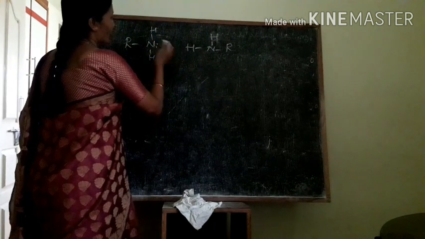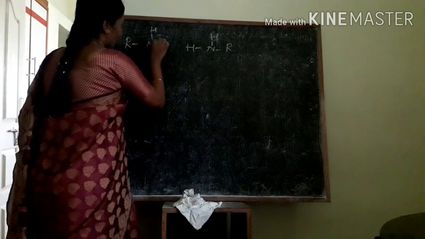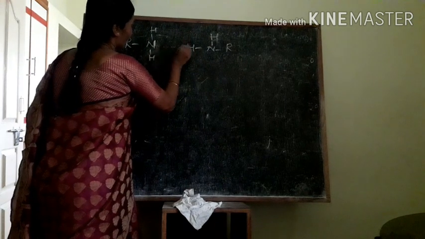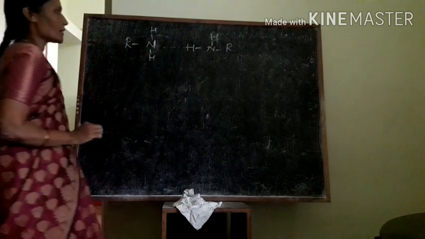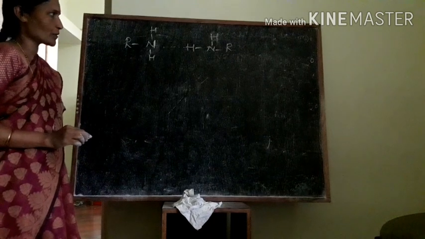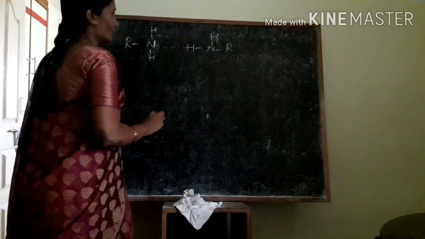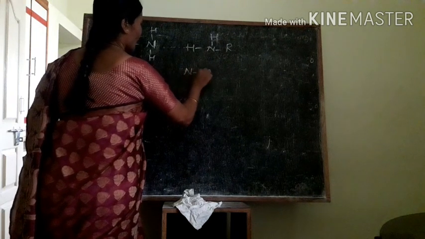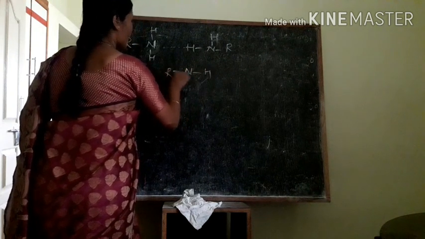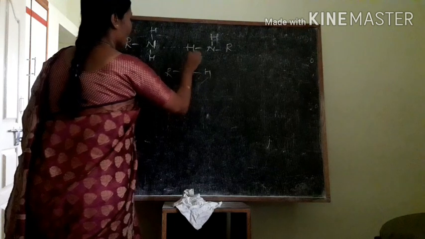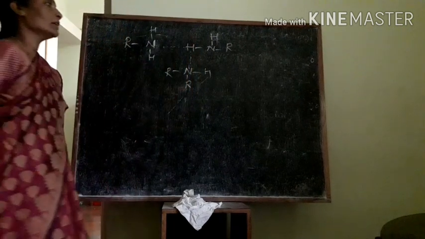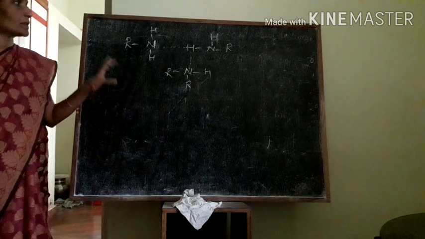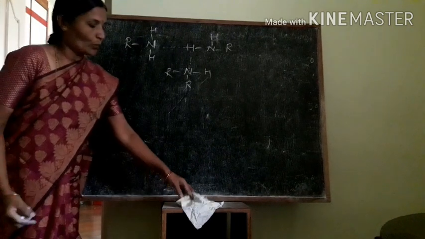The nitrogen is the electron donor or electronegative atom, and this is the hydrogen atom. There intermolecular hydrogen bonding takes place. You can continue that, or I will take another molecule. This is a primary amine and there is intermolecular hydrogen bonding. So this concept is somewhat important.